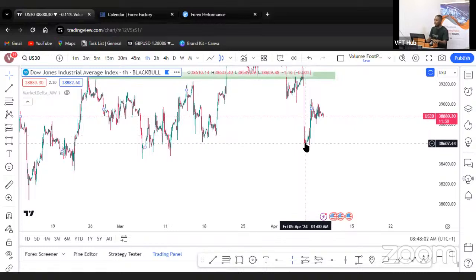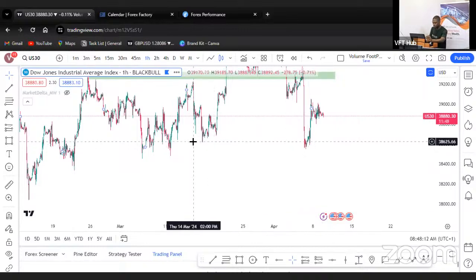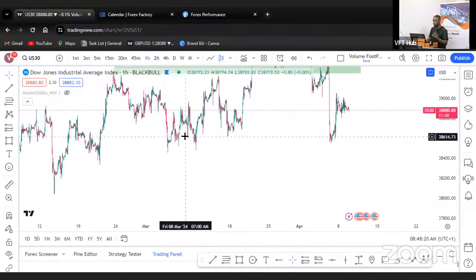However, for those that remember, in tune with all the analysis we've made on indices, I said I wanted to buy from this level, right? I wanted to buy from this level, and it's nothing strange because this is a very good point.